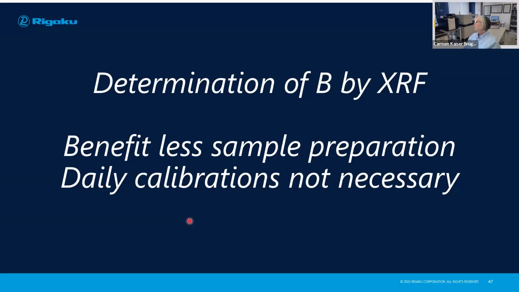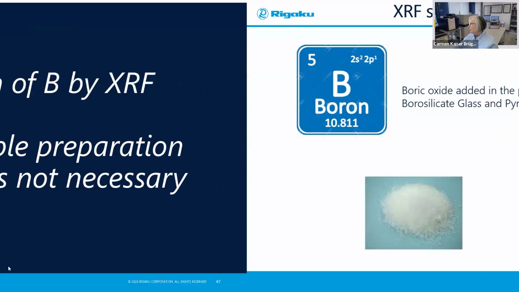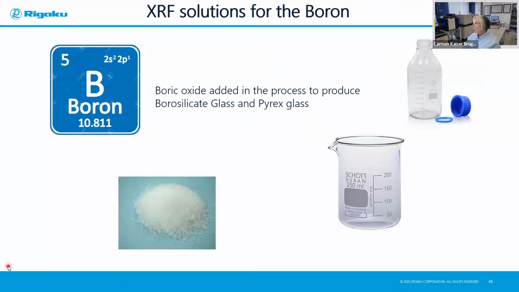We can maintain the calibrations with what we call check samples, and by maintaining it with what we call a drift correction process. Okay, so boron has a very low fluorescent yield, and we really need to take care how we are going to measure this with XRF.